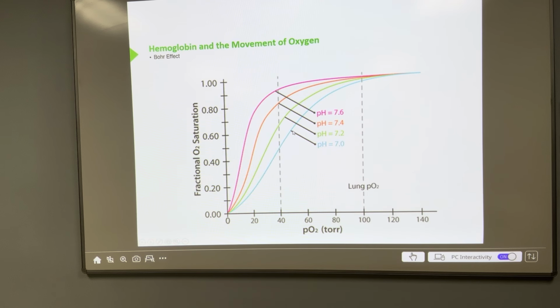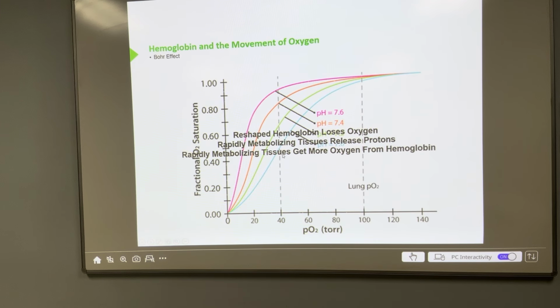The more you shift to the right, the more stressful it is. You see that oxygen is going to leave hemoglobin when the tissue is in deficiency of oxygen. You see more oxygen required to have the same fraction bound.